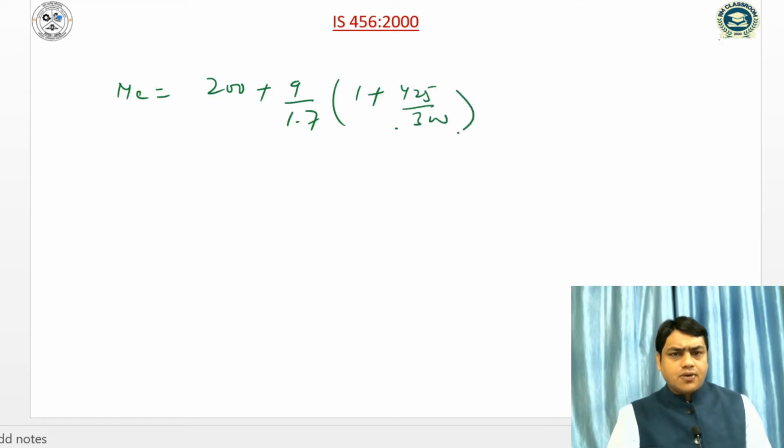So the equivalent moment is, and this value is 9 divided by 1.7 into 1 plus 425 divided by 300.